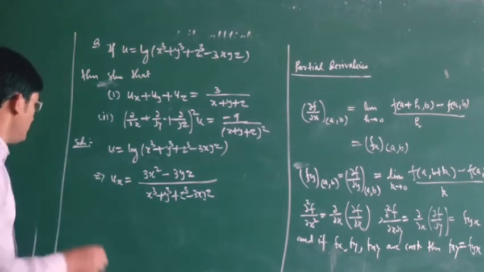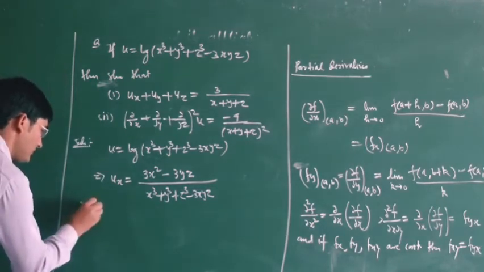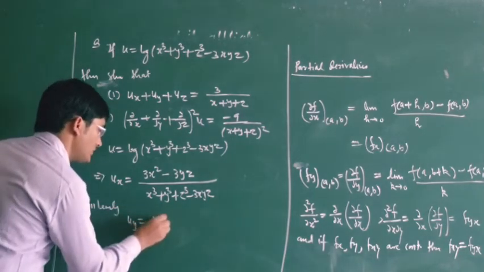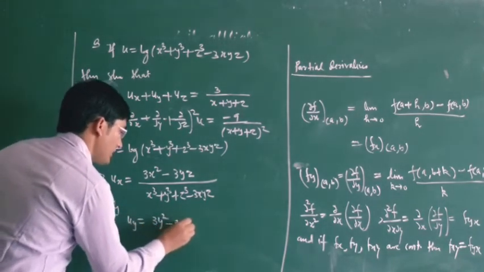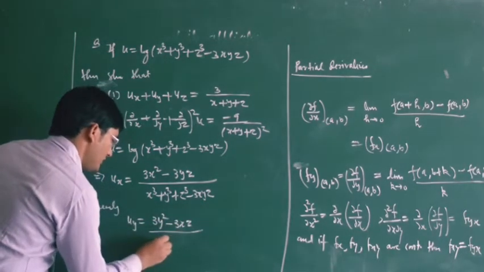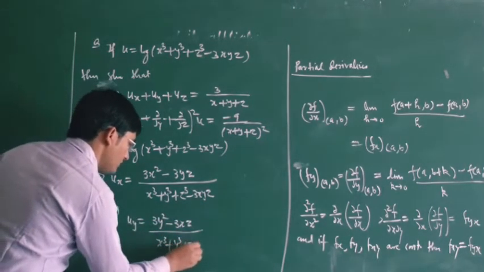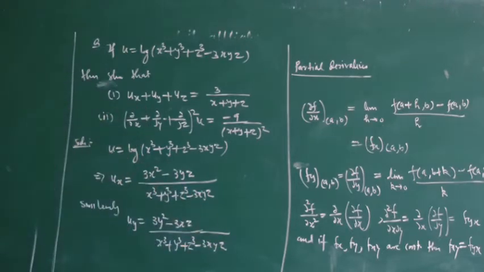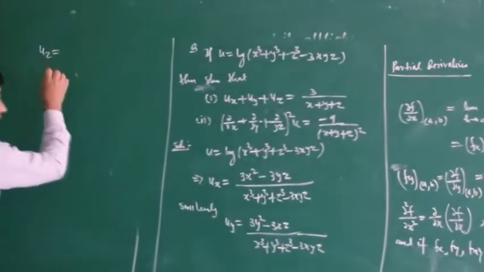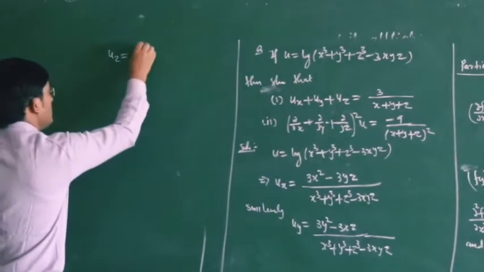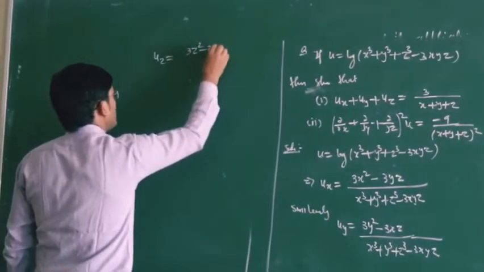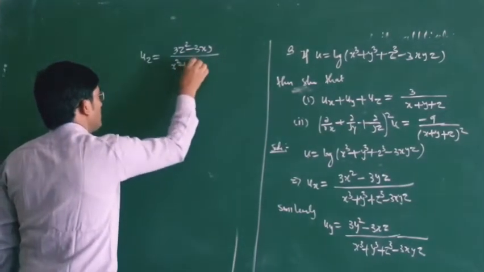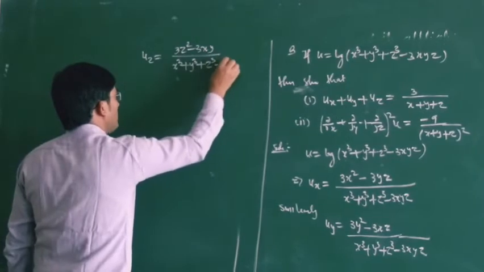Then similarly, uy will be 3y square minus 3xz upon x cube plus y cube plus z cube minus 3xyz, and uz equal to, the differentiation with respect to z will be 3z square minus 3xy upon x cube plus y cube plus z cube minus 3xyz.